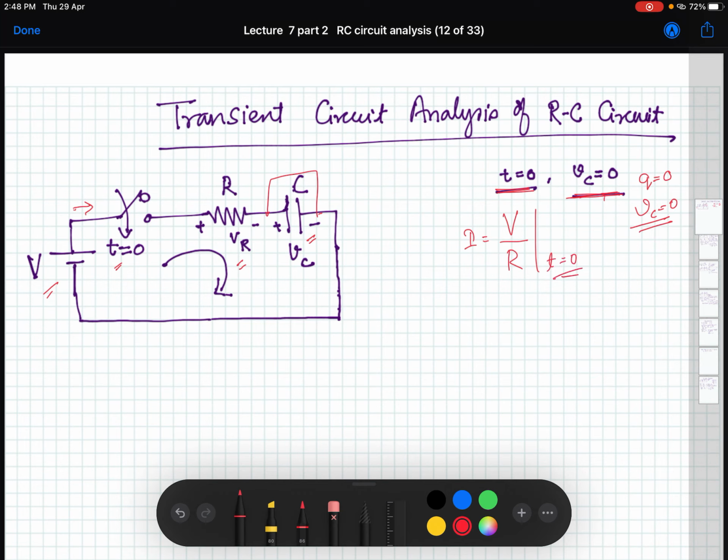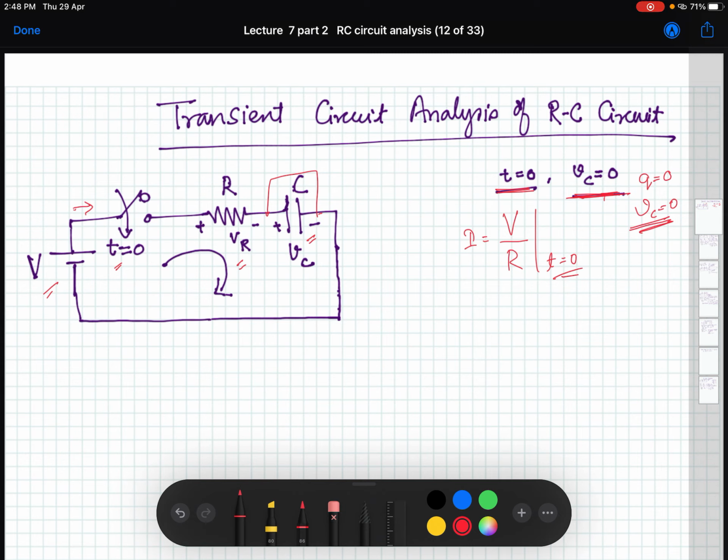At time t equal to 0, it will start at V by R, and as soon as the current starts flowing, the capacitor would start charging, and since the charge was 0, it will start charging from 0 to a particular value. Up to what value can it charge?